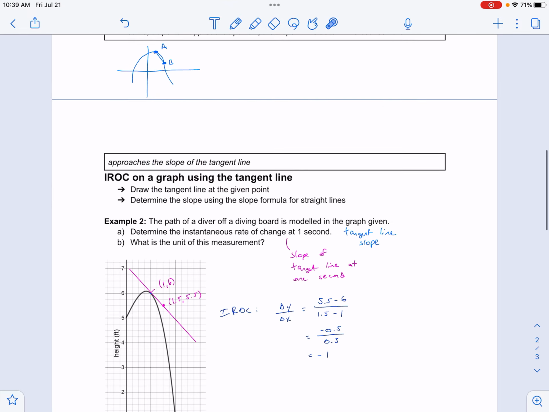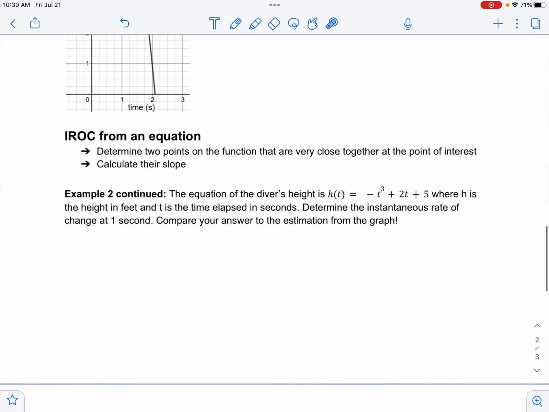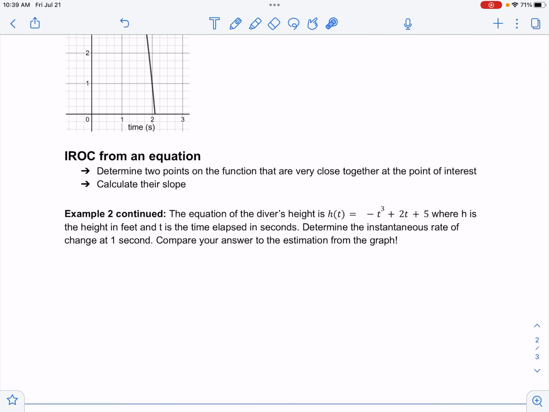Here we are being given the equation of the diver's height: h = −t³ + 2t + 5, where h is the height in feet and t is the time elapsed in seconds. Let's determine the instantaneous rate of change at 1 second and then compare to our estimation from the graph.